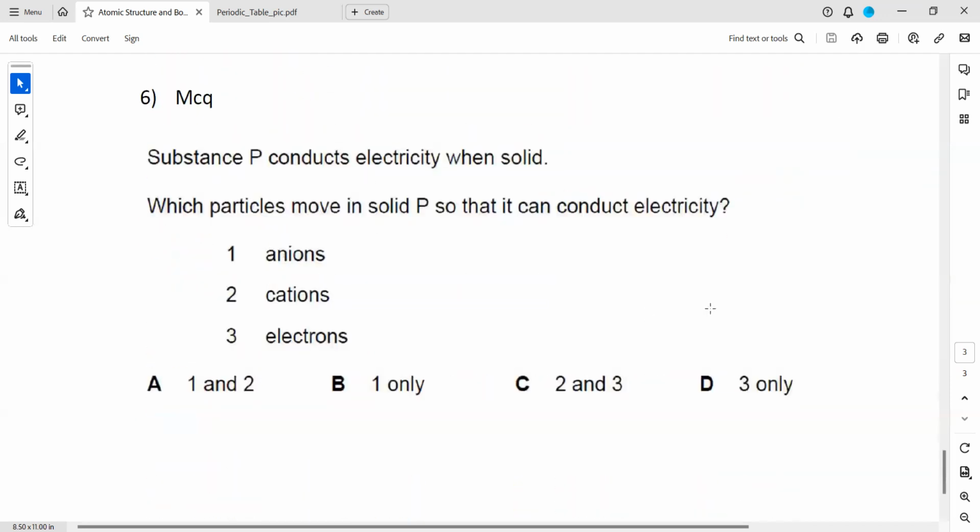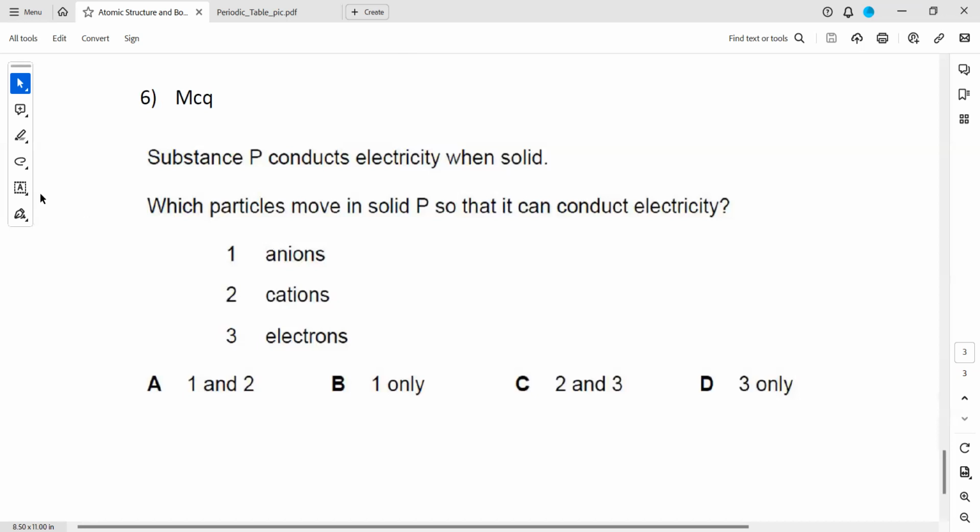Then in question 6, this question is a bit confusing, because as we discussed in the topic of metals, metal consists of delocalized or free electrons, and these electrons are responsible for conduction. But there's also lattice vibration in metals.